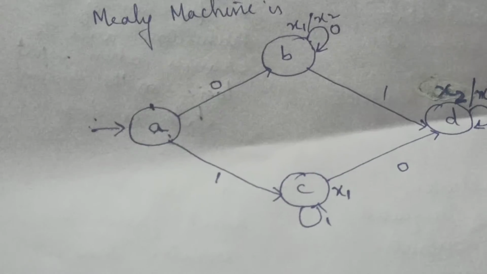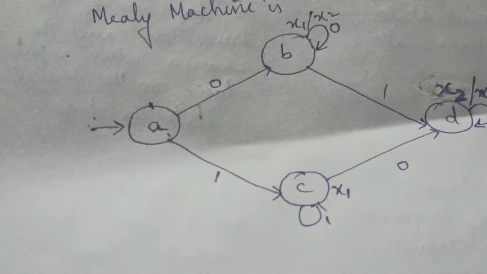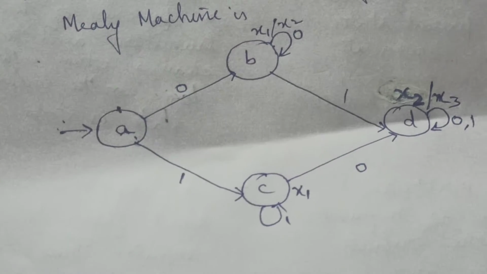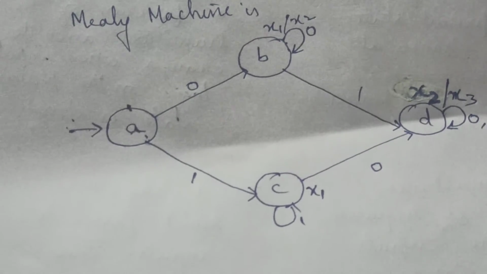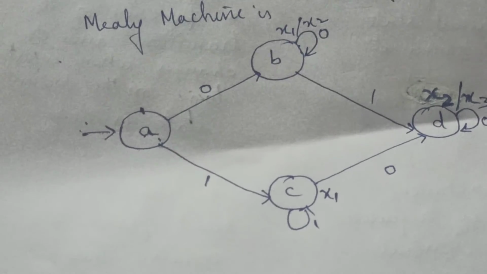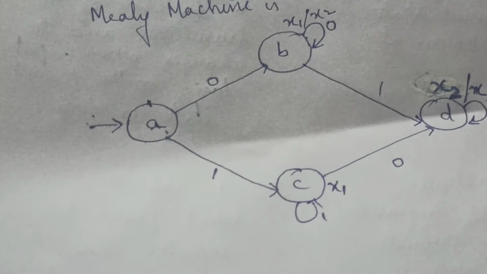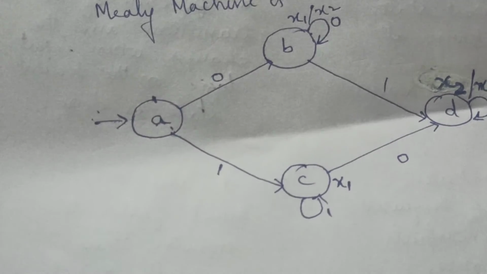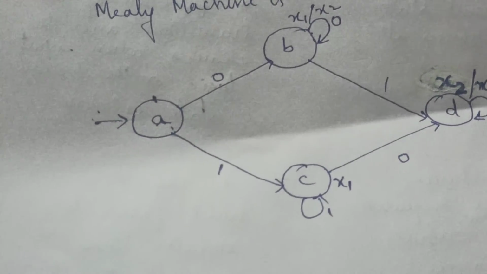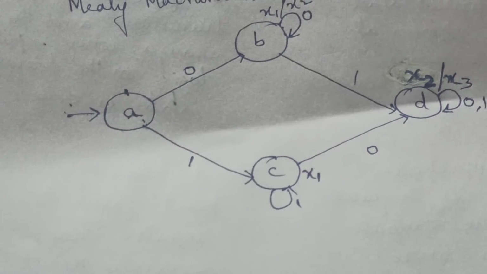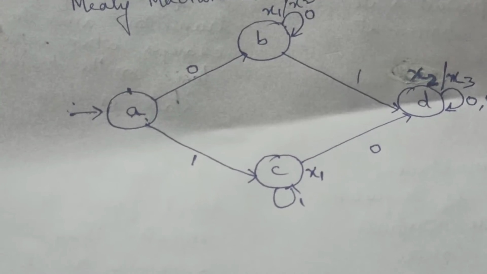Now coming to C, on input 0 it is changing to D and output is x3. So we have written x3 here. Then C on input 1 it is remaining in the state C itself and the output is x1. And then D on input 0 as well as on input 1 it is not changing its state, it is remaining in the same state.